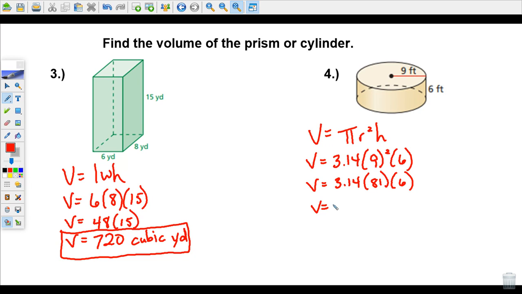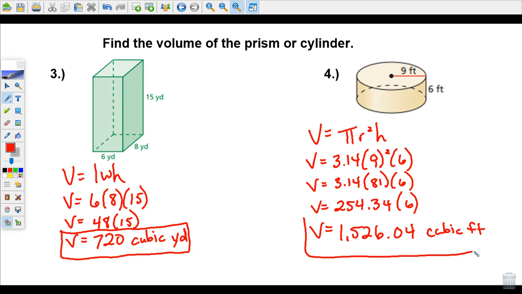That is 254.34. Now I'll multiply that by the 6. And you get 1,526.04, and again, cubic feet.